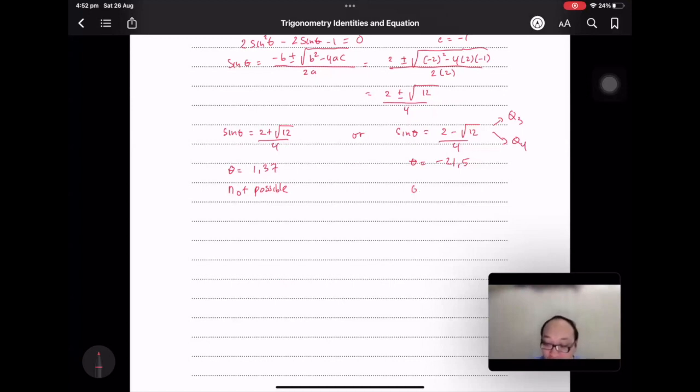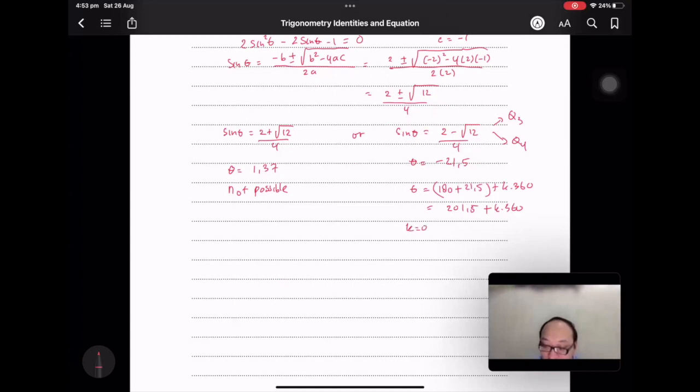So the theta in quadrant 3 will be 180 plus 21.5 plus the period. So this equals 201.5.